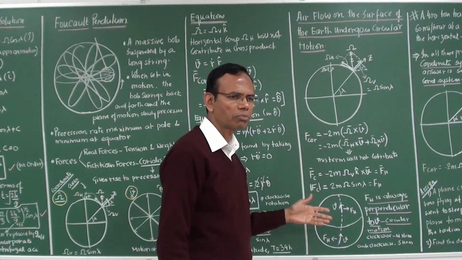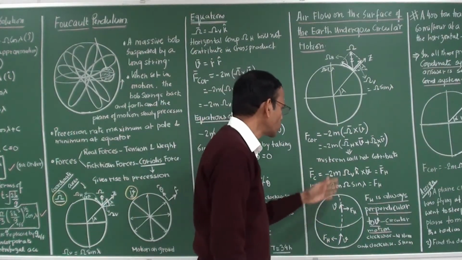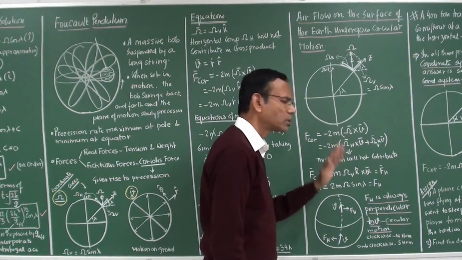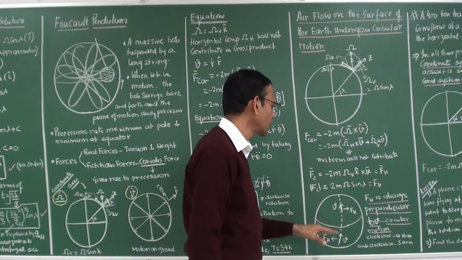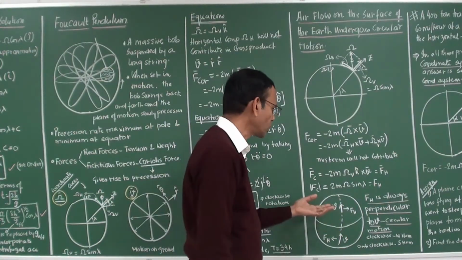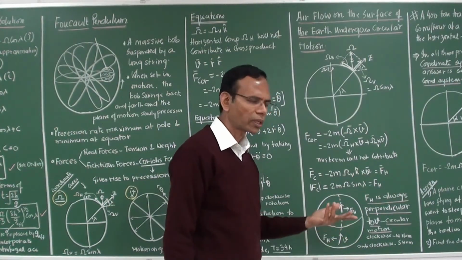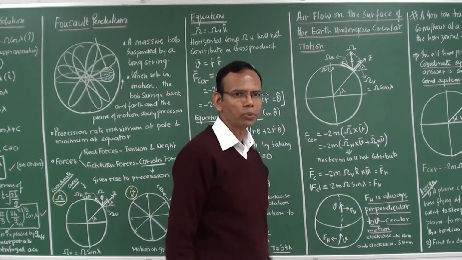A vertical component doesn't mean anything because that is much smaller compared to gravity. So this particular component will not contribute anything. Either it will give you 0 or something in the vertical direction that will not contribute anything, because gravity is much larger. So this is the one which will contribute.